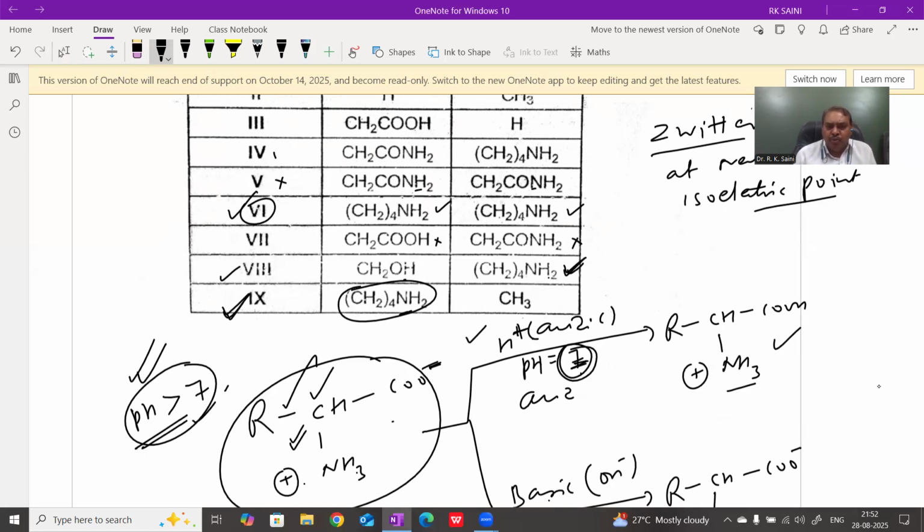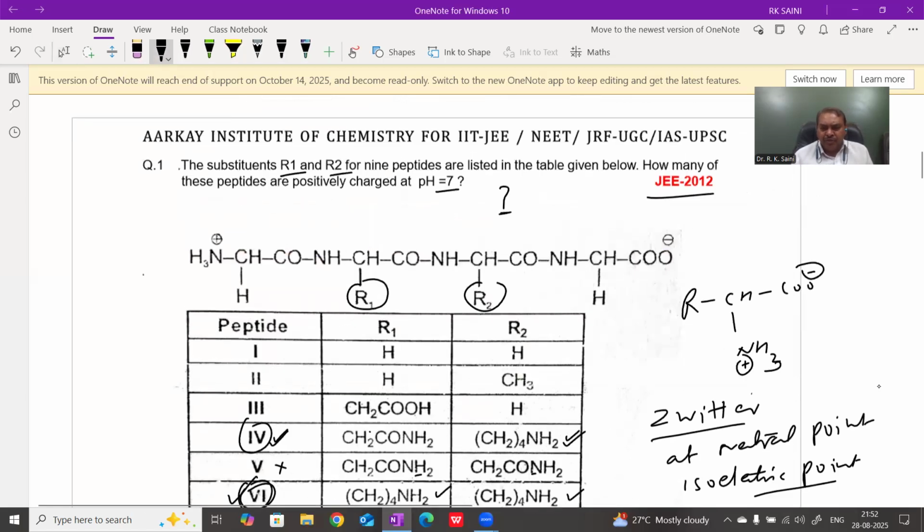Option 4 is also basic because although amide is amphoteric, this group is basic. So it is 9, 8, 6 and 4. And also consider another group. This is acidic, neutral. Therefore, R1, R2 may be NH2 or a basic group.